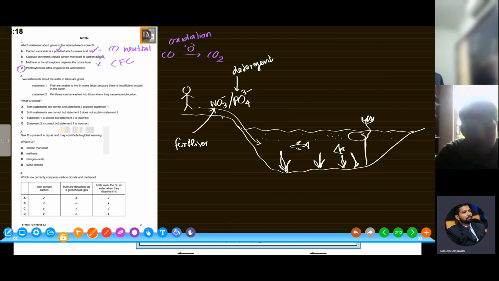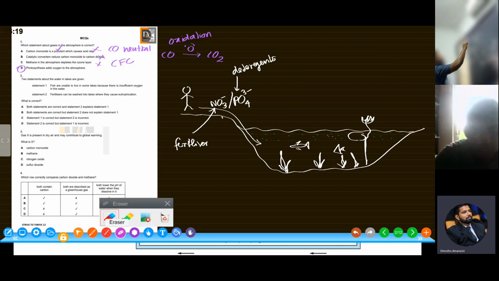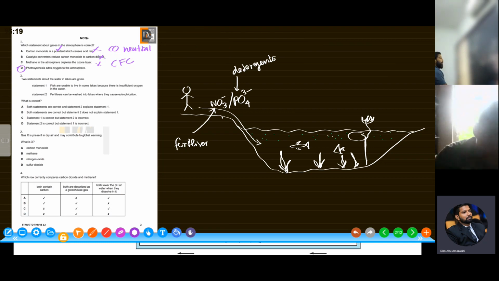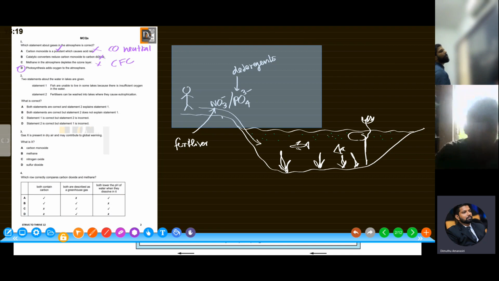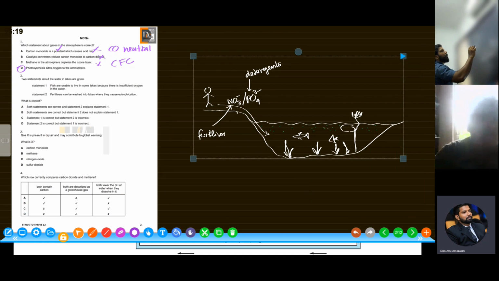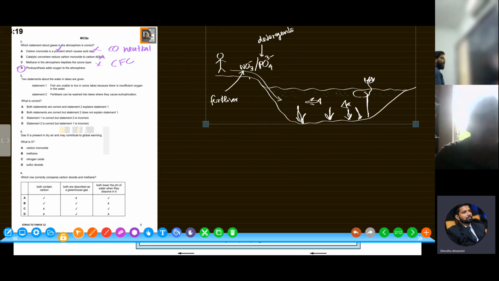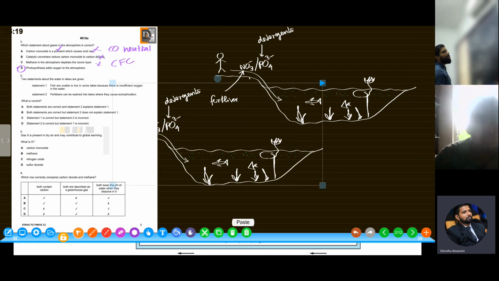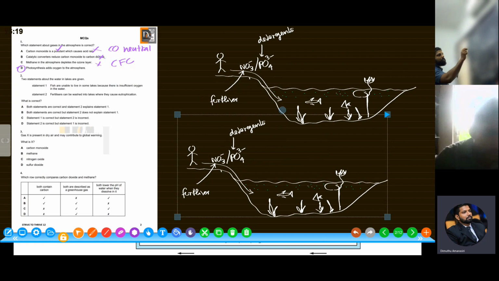And both of them are very good for plants. So what will happen? It is really good for plants, especially these microbial plants called algae.